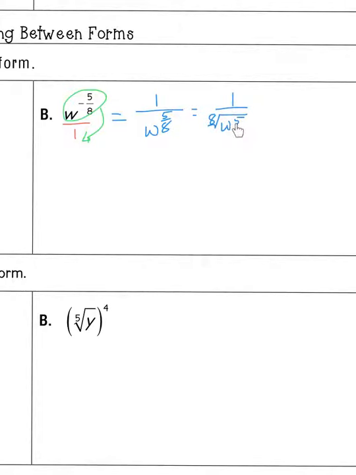For this to be a perfect 8th, so I can take the 8th root, I need 3 more W's to make 8 W's. So I'm going to multiply this by the 8th root of W to the 3rd. Because when we multiply like bases, I can add those exponents, and I'll have W to the 8th under there. What I do to the bottom, I have to do to the top.